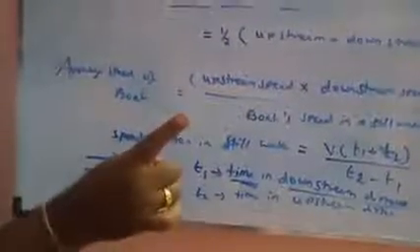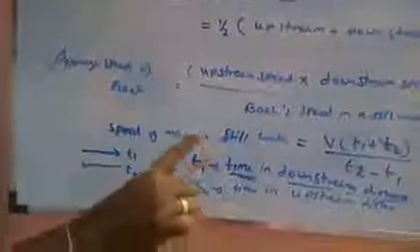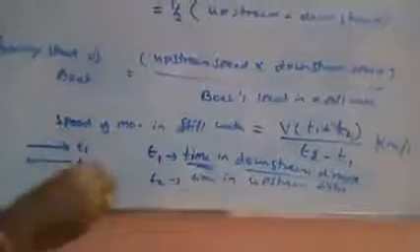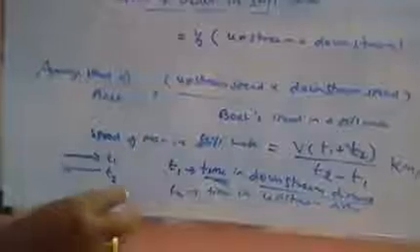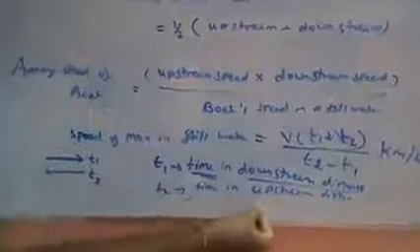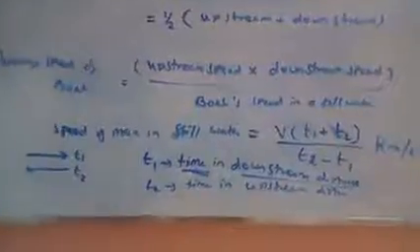T1 is the time taken by a person swimming in the downstream direction to cover the distance, and T2 is the time taken by the same person in the upstream direction to cover the same distance already covered downstream.